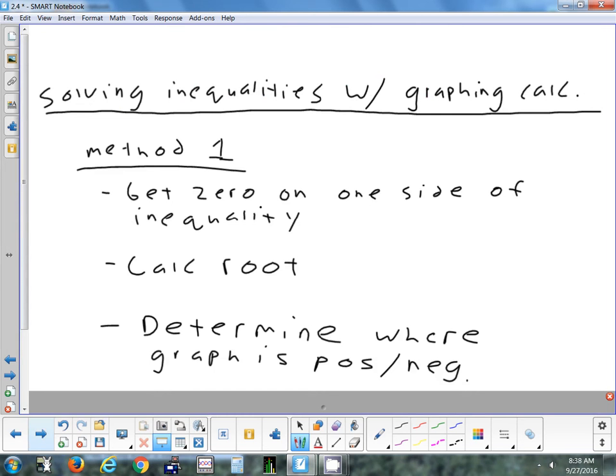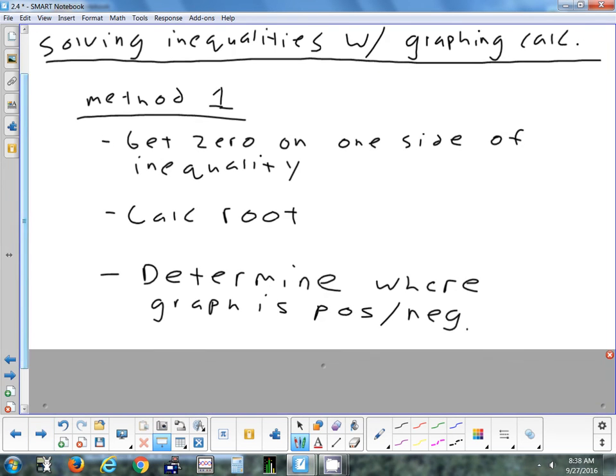It's everything from that root above it, or it could be everything from that root below it. It depends on if it's a greater than or a less than. Keep in mind, sometimes you include your root, sometimes you don't. It depends on if it's the equal to or if it's not equal to.